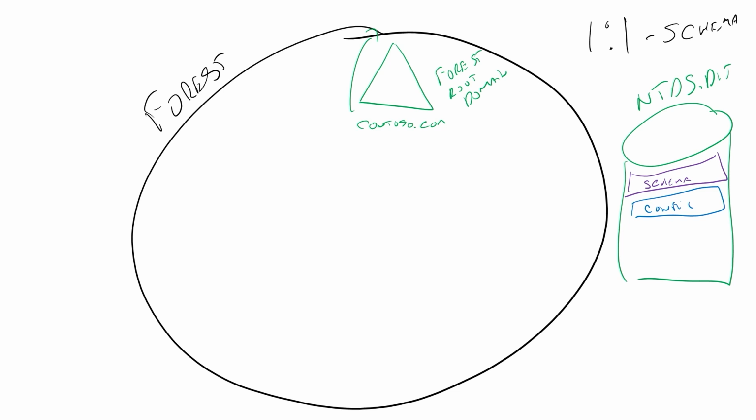And then you're going to get a partition called the domain partition. And I'm going to draw this as green because it's for the green domain. And inside of that partition is going to be all the records for the domain that it represents.